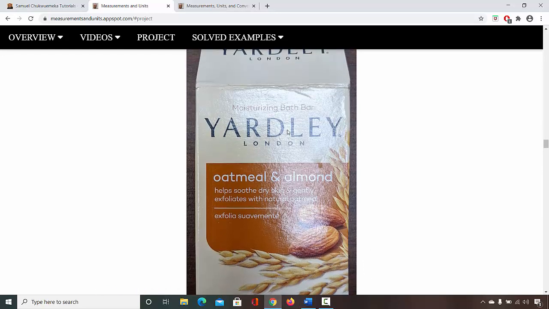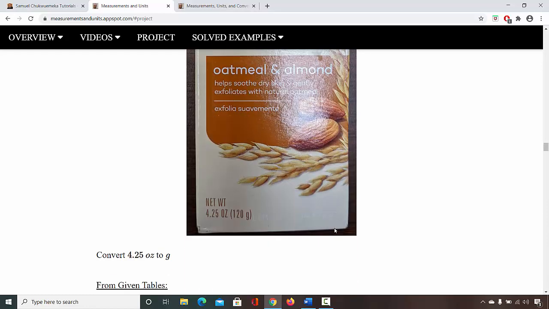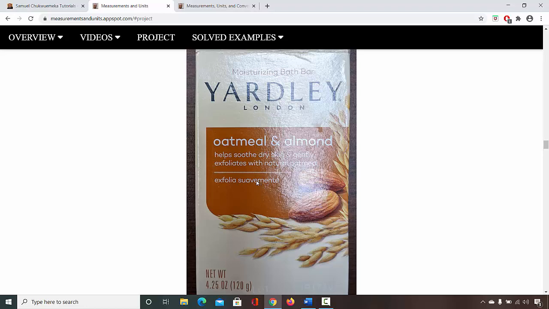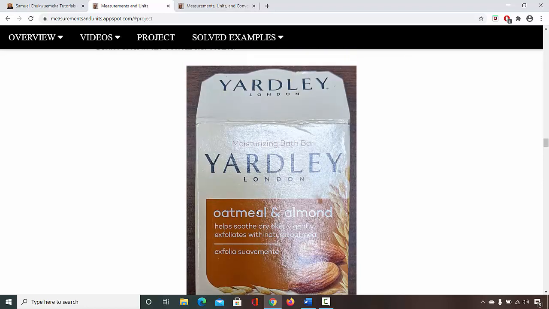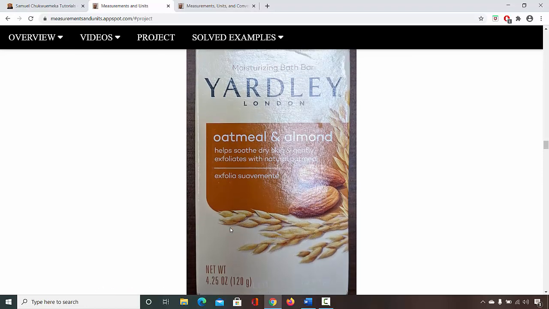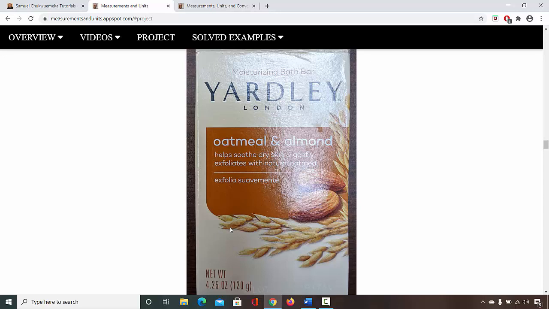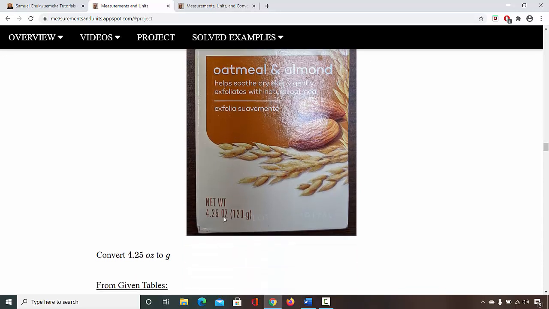Similarly, as you can see here, this is a moisturizing bath bar, Yardley, London. Looking at it, it looks as if this product is made in London, and London uses international units. So if they want to sell it in America, they have to include the United States unit, which is based on the customary system, which is ounce.